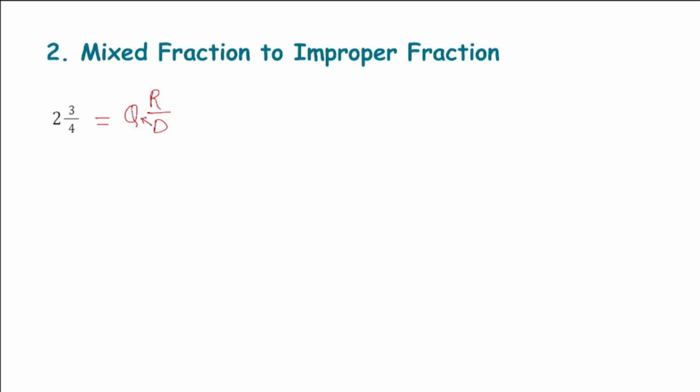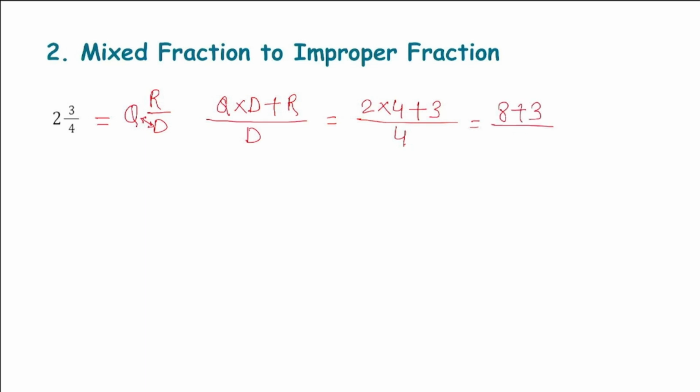We multiply these two things, Q times D, and R is added to that product, over D. So for this, 2 times 4 plus 3 over 4. 2 times 4 is 8, plus 3 over 4. Now 8 plus 3 is 11 over 4. So this is how we can write 2 whole 3 over 4 as equivalent to 11 over 4.